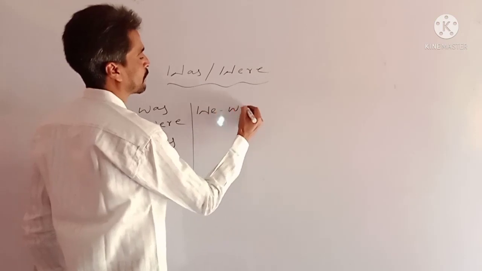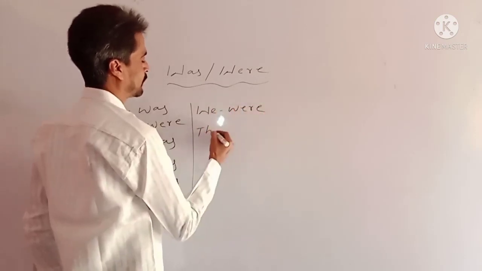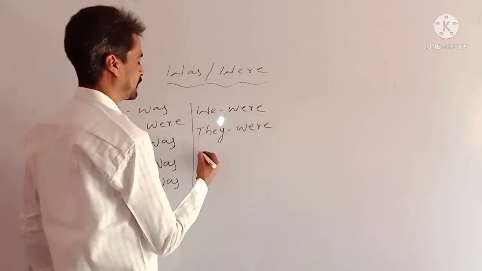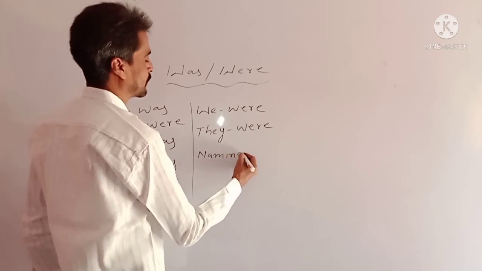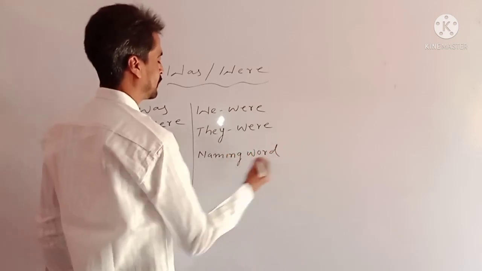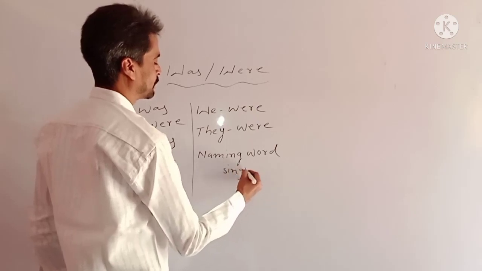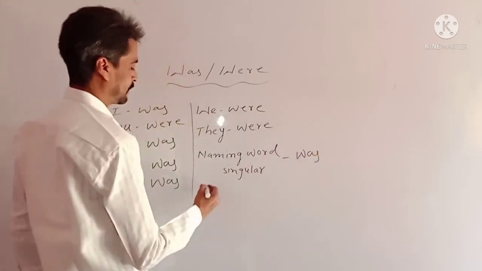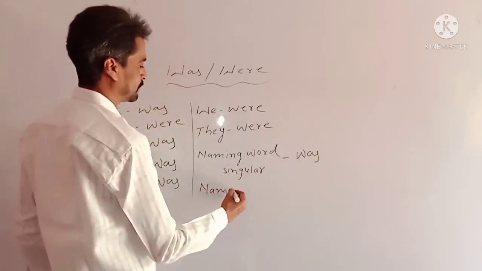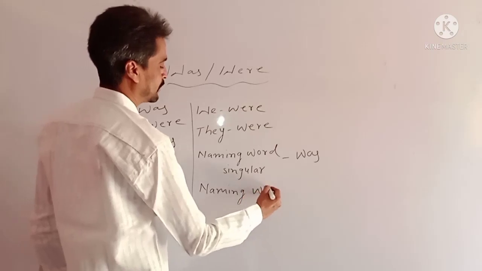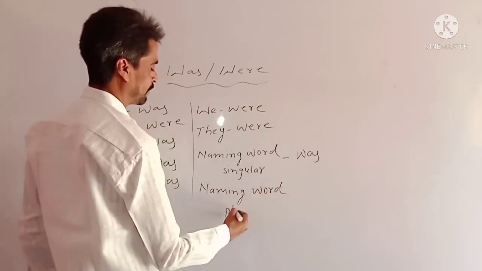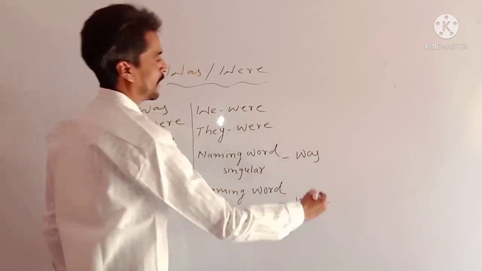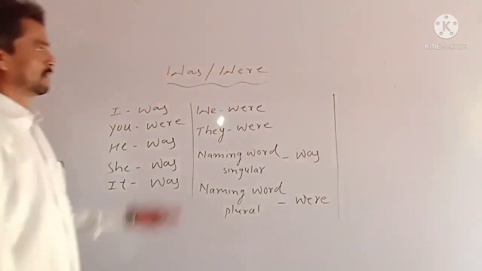We were, they were. Naming word in singular form, was. Naming word which is in plural form, we use were.